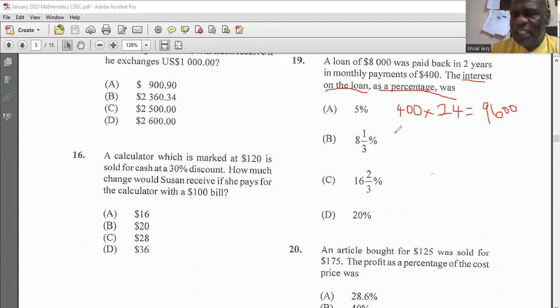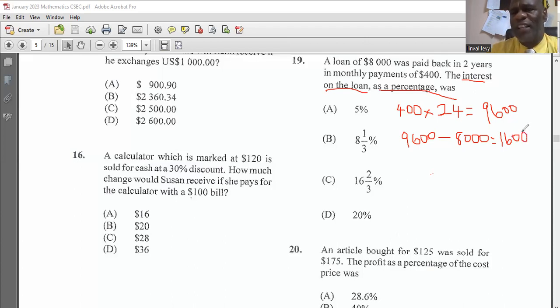So it simply means that the interest would be 9,600 minus 8,000. We take 8,000 from 9,600. That gives us 1,600. Now this 1,600 is the interest.